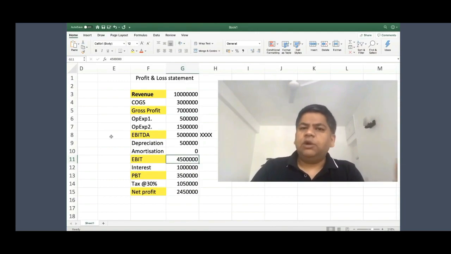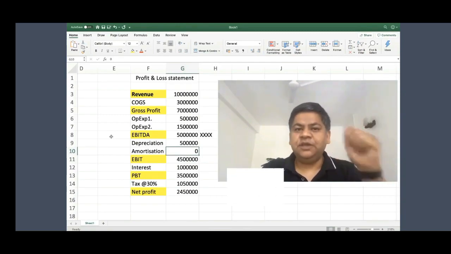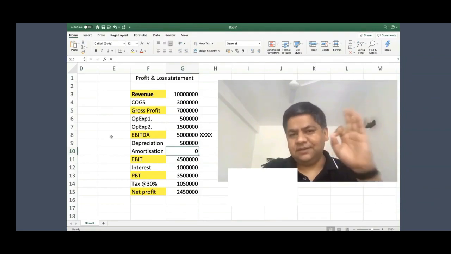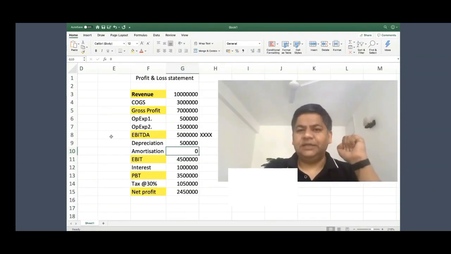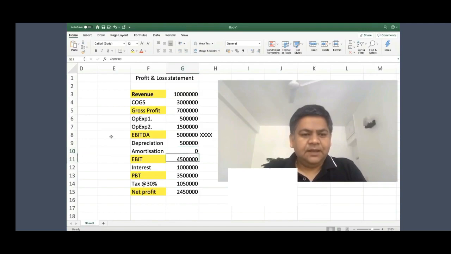So amortization is 0. All I was trying to do is defend why I have kept amortization as 0, because it was important for me to highlight that you will find this factor as 0 in many balance sheets, because this is how your loan is different from business loans, right? Then you have EBIT.